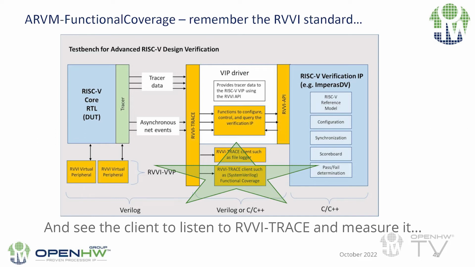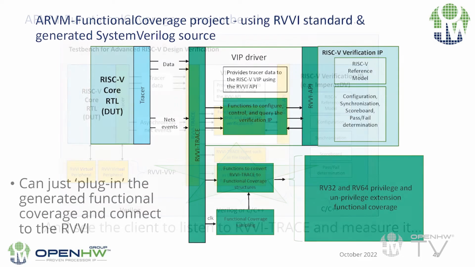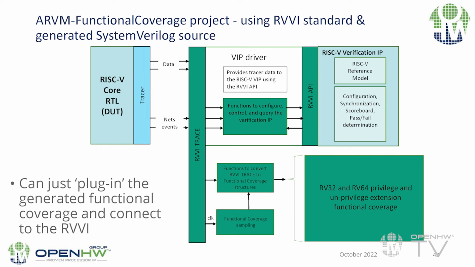So all each core's got to do is define this tracer to have that interface, and they can make use of this functional coverage. That's exactly where we're going with this: to build this SystemVerilog functional coverage, which sits on top of an RVVI trace layer, so it can work with any core. So you can effectively just plug in this SystemVerilog functional coverage, connect it to the RVVI layer, and then it should just work with your core.